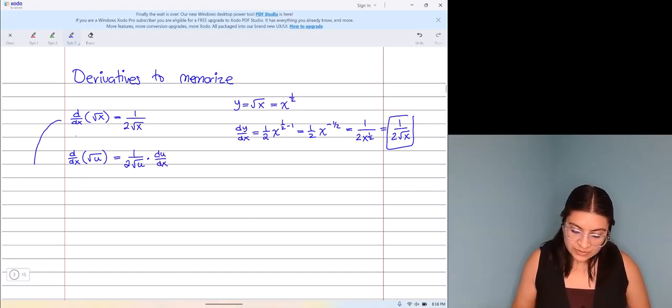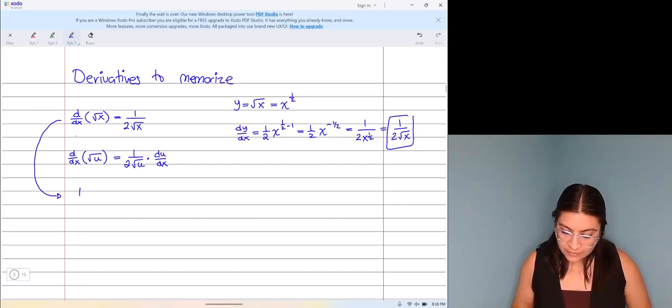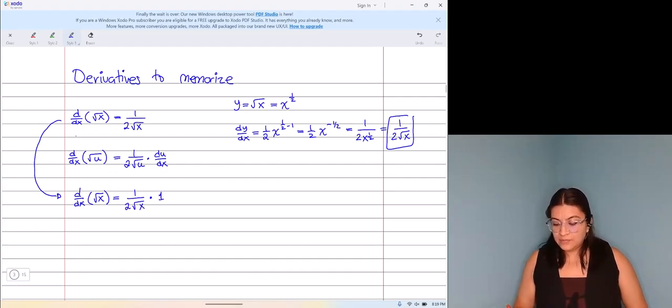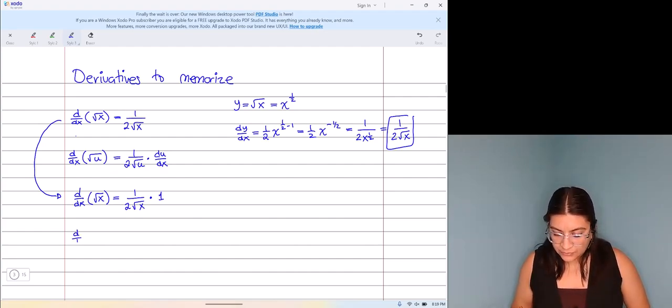If we go back to this one, the derivative of the square root of x is 1 over 2 the square root of x times the derivative of the inside. The inside is just x, so that is just a 1. But what if you have the derivative with respect to x of the square root of 3x squared minus 1?